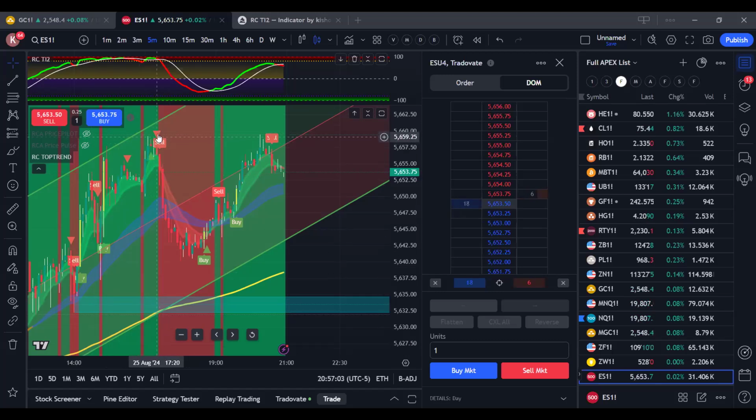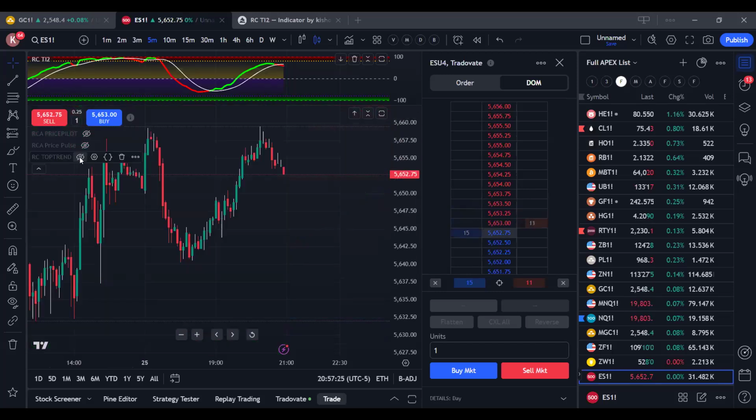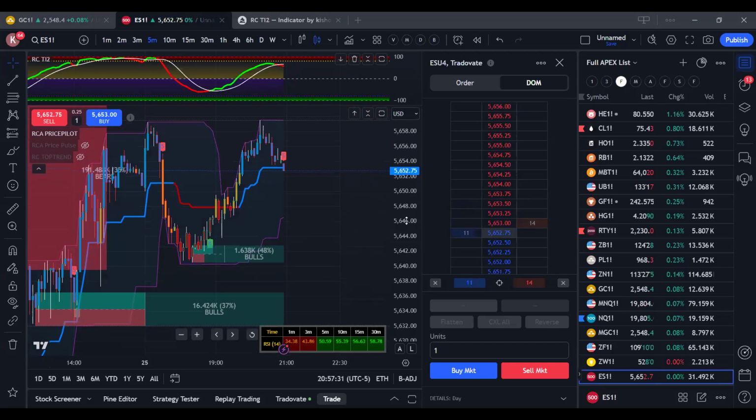When we got the sell signal, we got a red background, a red cloud, a red triangle. And that was a good opportunity. Now we got sell, but as of now, still everything is green. So better we wait for some more time. Here it is still blue in color.